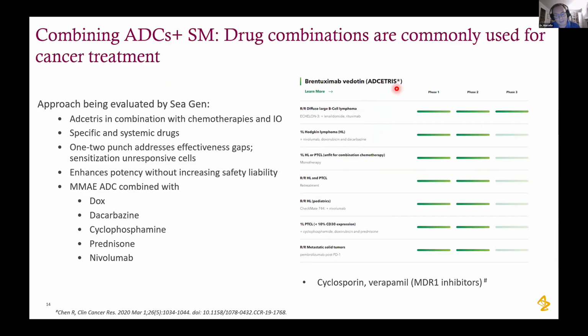However, the presence of tumor resistance is really driving the use of Adcetris in combination with small molecule drugs, so chemotherapies. And they use 5 drugs in the CHOP family to really increase the efficacy of the treatment.